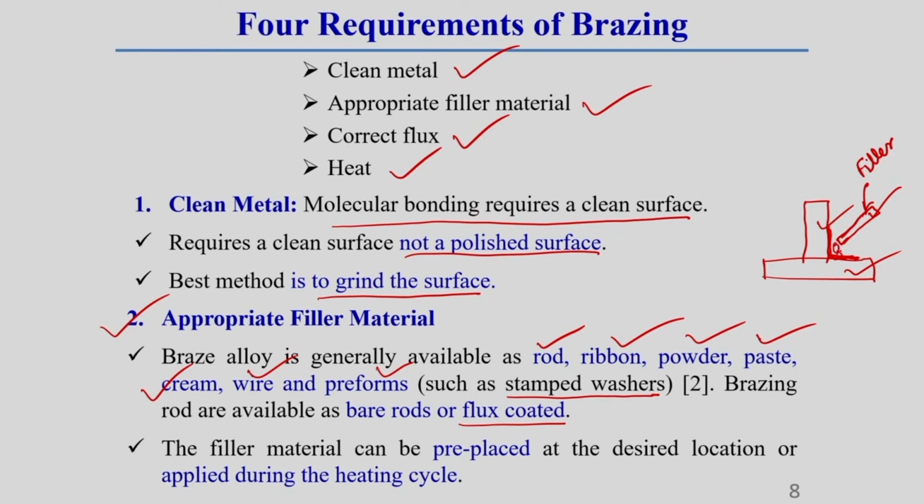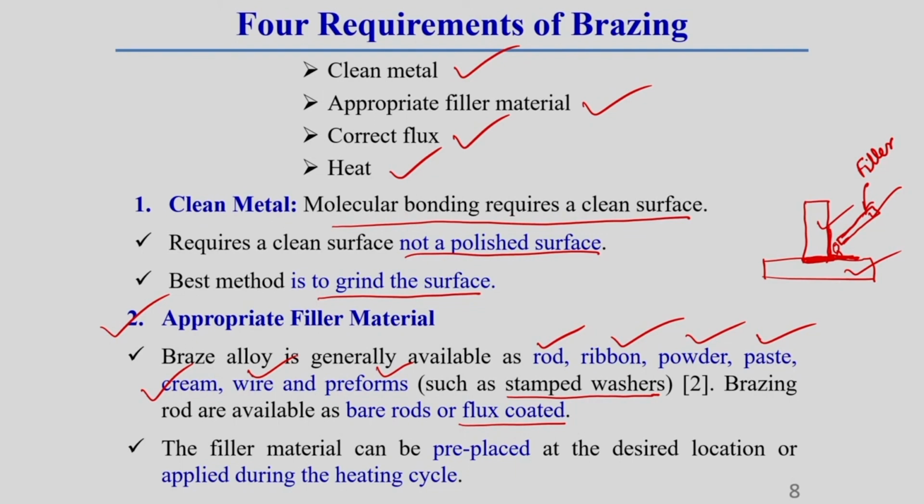Once it is deposited, due to its fluidity and capillary action, it goes to its required location where the joining happens. That means it flows into the joint location due to capillary action, and after that it solidifies and does the joining. So you understand. I have already explained that clearly.